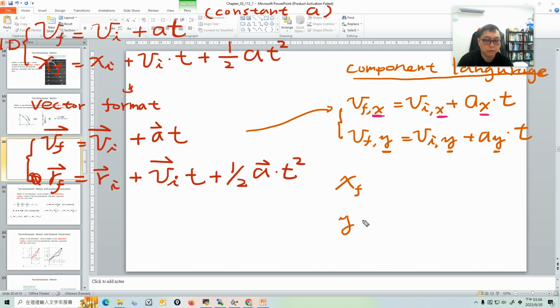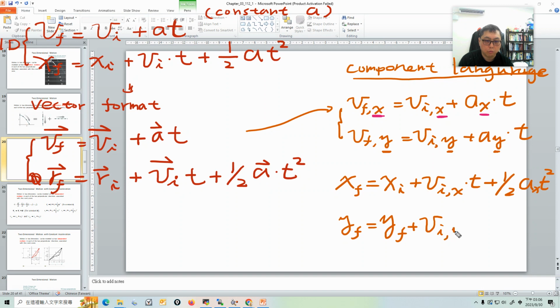The final position equals the initial position plus the initial velocity x component times t plus 1/2 a x component t squared, and the y component is the initial velocity y component times t plus 1/2 acceleration y component t squared. You just treat component by component, and these two equations of motion can solve lots of problems.